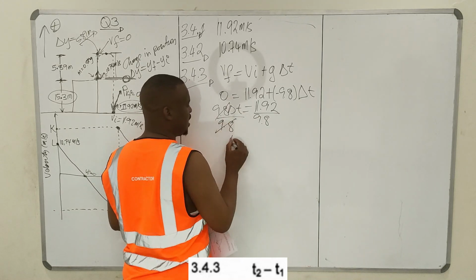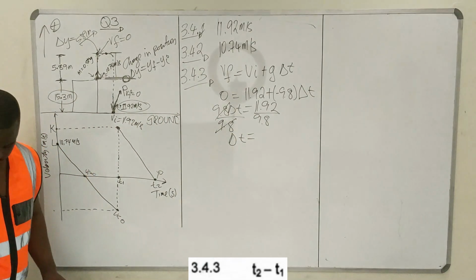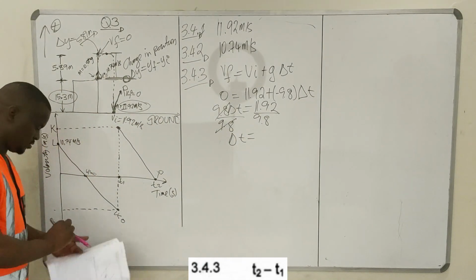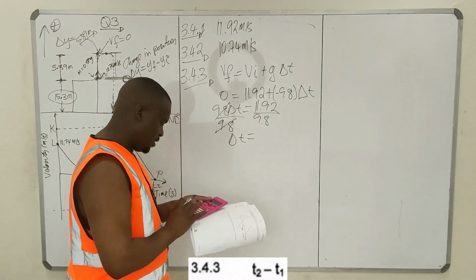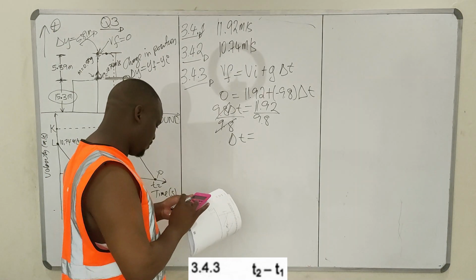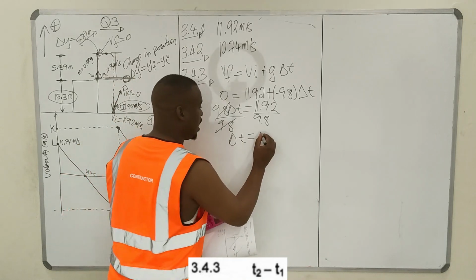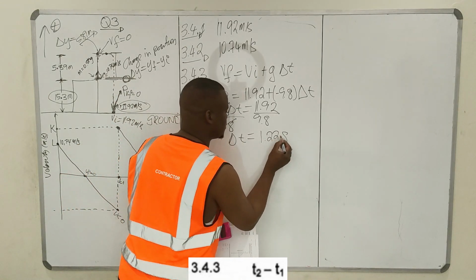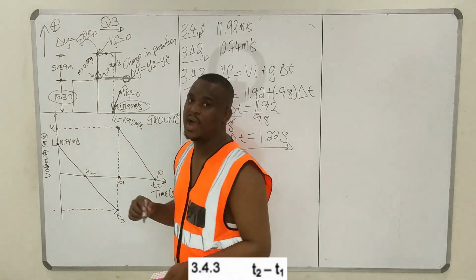Get that the time is equal to 11.92 divided by 9.8, which is 1.22 seconds. So it's the time from the ground to the maximum height P.